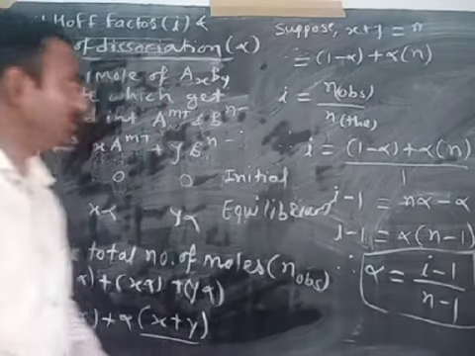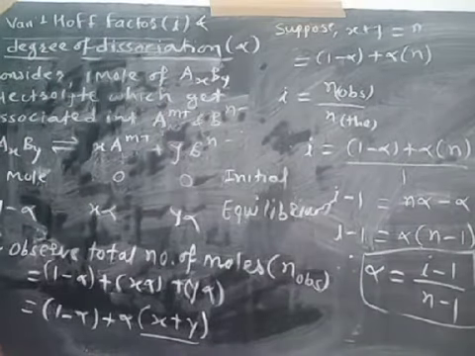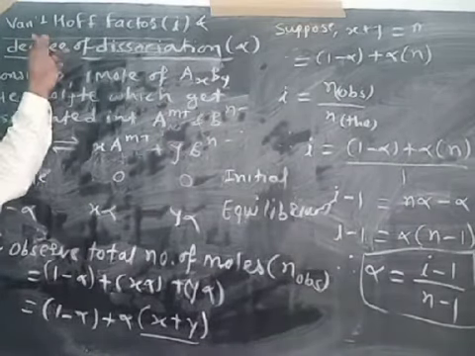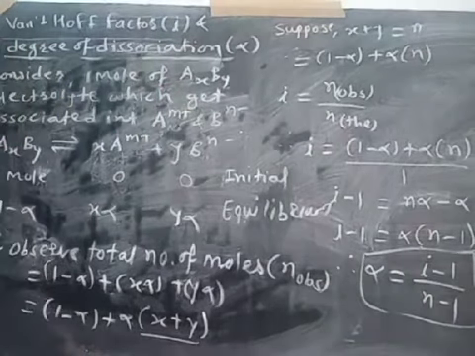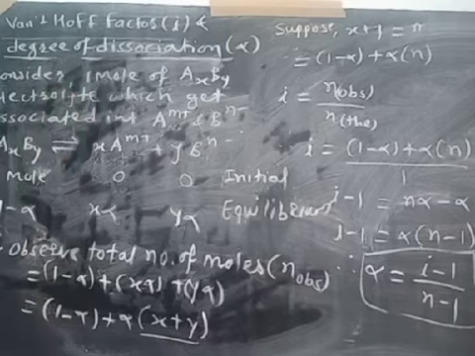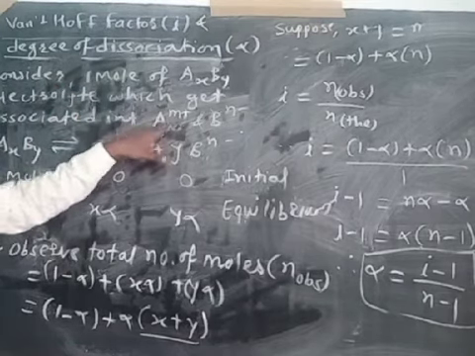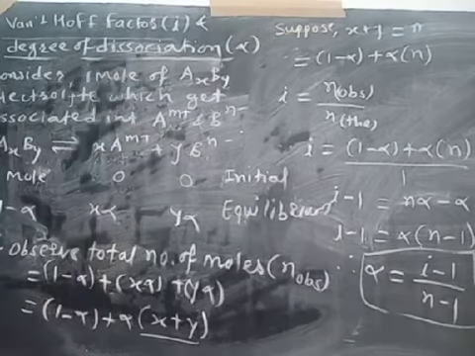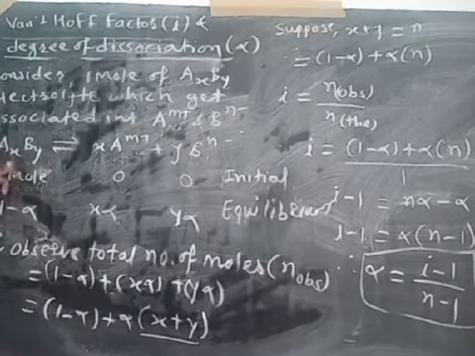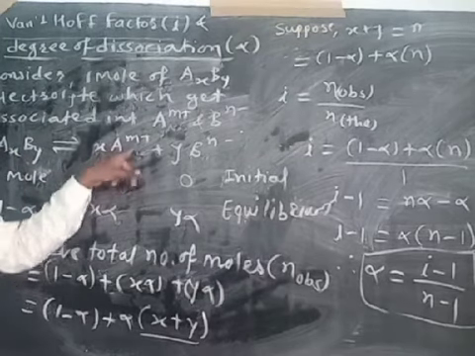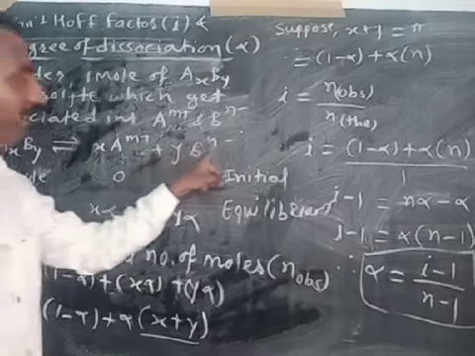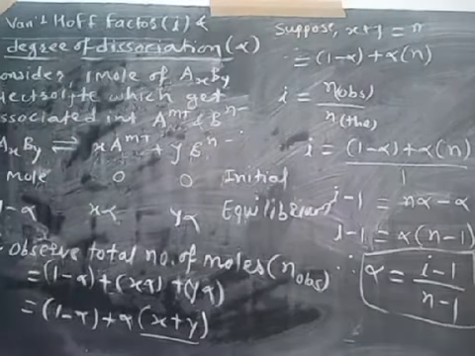Get it? Once again I will repeat the things. Here, to understand the relationship between van't Hoff factor i and degree of dissociation, first we consider 1 mole of AxBy electrolyte which gets dissociated into 2 ions, that is A^m+ and B^n- ions. So we put the equation for the dissociation as AxBy gives x number of A^m+ ions and y number of B^n- ions.